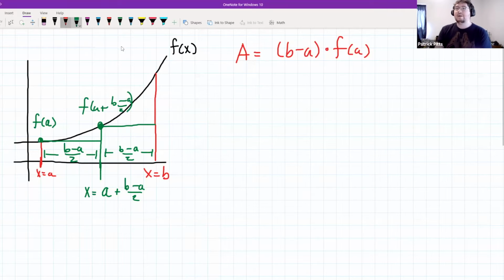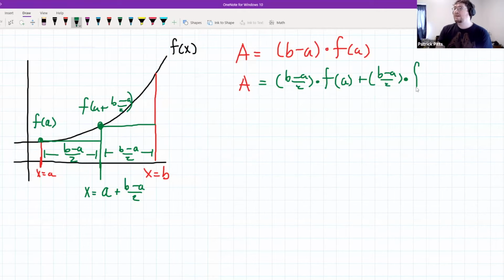And so our area now is these two rectangles added together: b minus a over 2 times f of a, plus b minus a over 2 times f of a plus b minus a over 2. Easy so far, but as we can start to see, things are going to get a little out of hand.